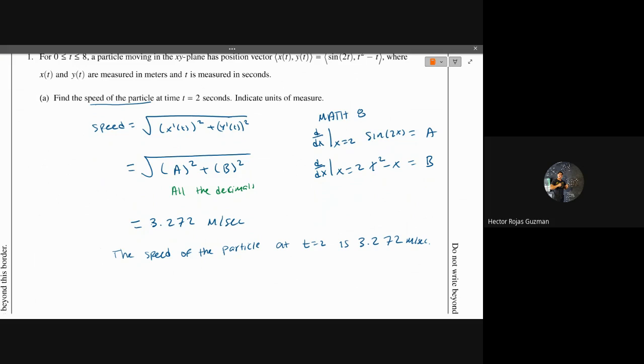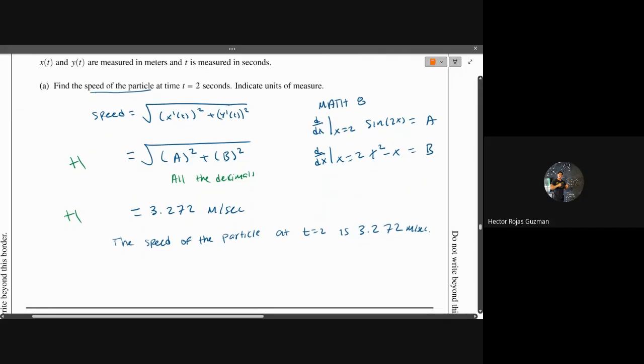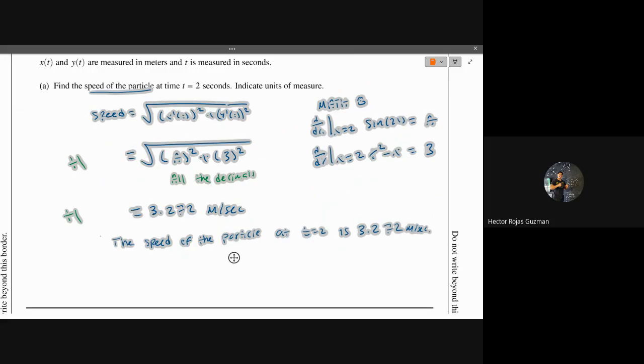Okay, so question number 1, part A, is worth 2 points. You're going to get 1 point for having the correct formula for speed, and 1 point for the answer with the units. So let's make sure we're training that, setting up the formula and showing our work step by step. You don't get any points for the calculator work. I think it's kind of assumed that you're going to do it with the calculator.